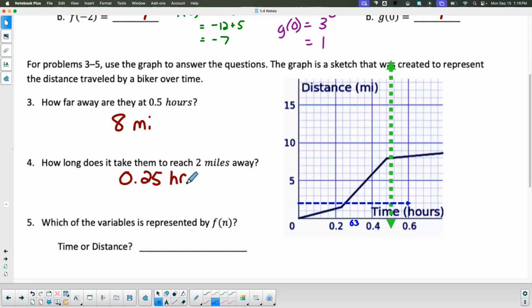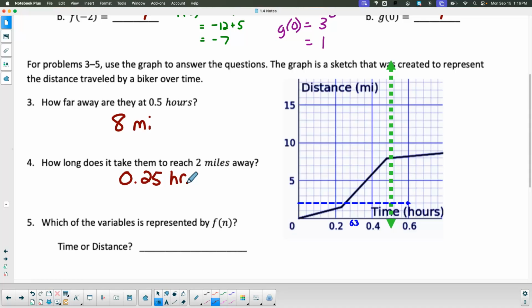Are labels important in those two? Yes, very much so. So that you know what we're talking about. Because you can have 0.25 of a mile, but we want 0.25 of an hour. Okay? So our labels there are extremely important. Okay? Which variable is represented by f of n? So which is our output?